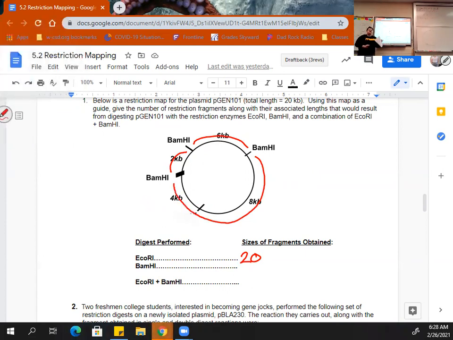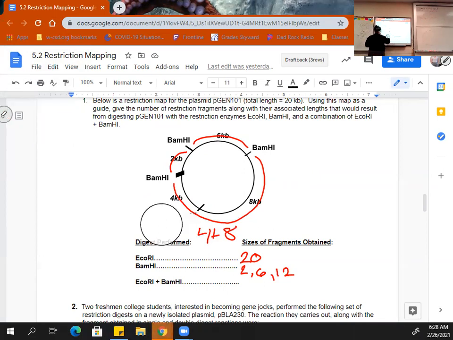Remember, if we have a circular piece of DNA and have 3 cuts, we need 3 fragments. So we have a 2, a 6, and then we have to do 4 plus 8 to get our last fragment, which is going to be 12.